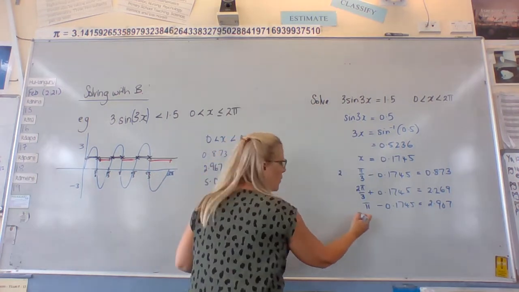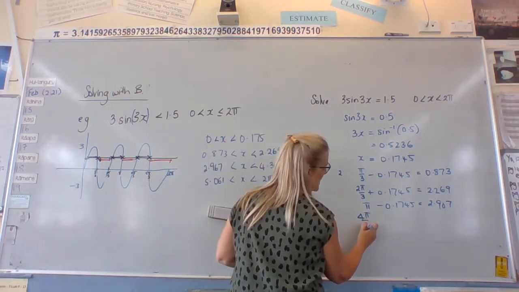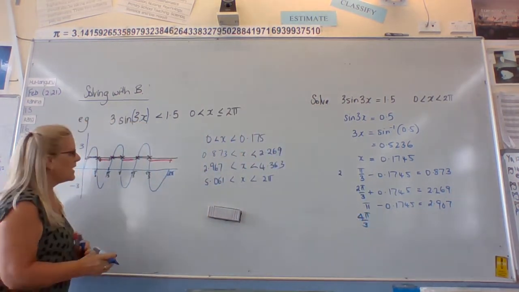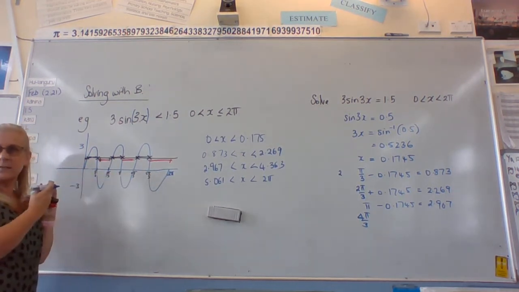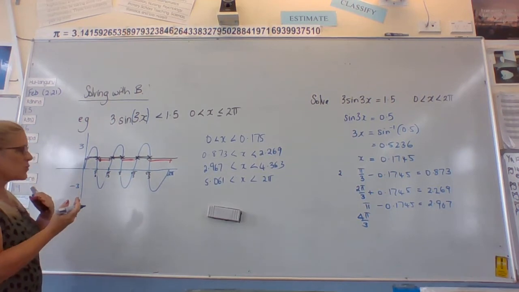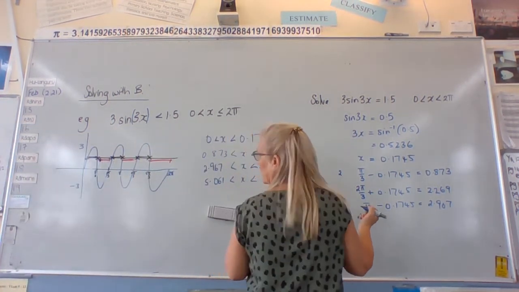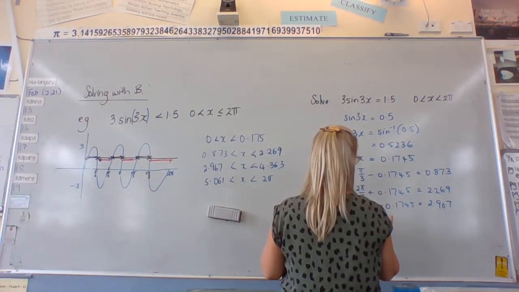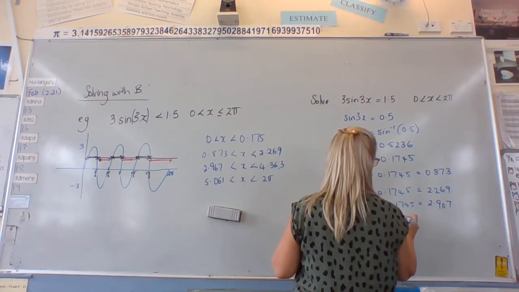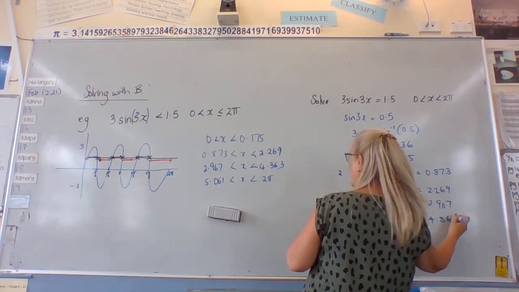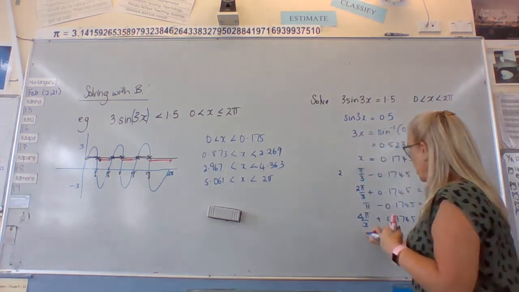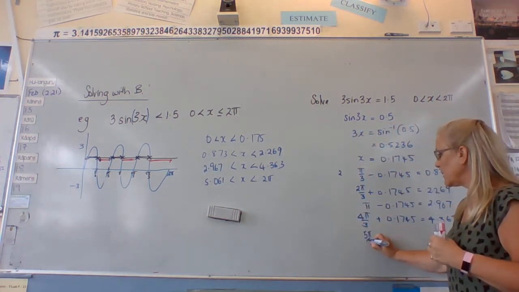Next one we'll be adding on 4π/3. So what we've done is we've taken 2π and we've sliced it into 6 pieces. And then we've added and subtracted from each one. We're up to plus. Is there an issue? Have I done something wrong? No? We're happy? Okay.